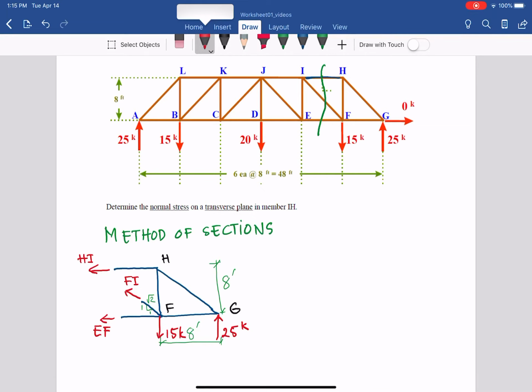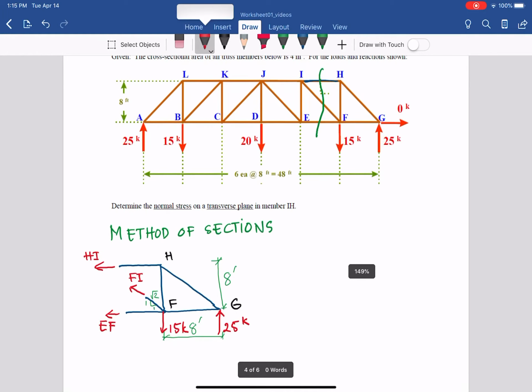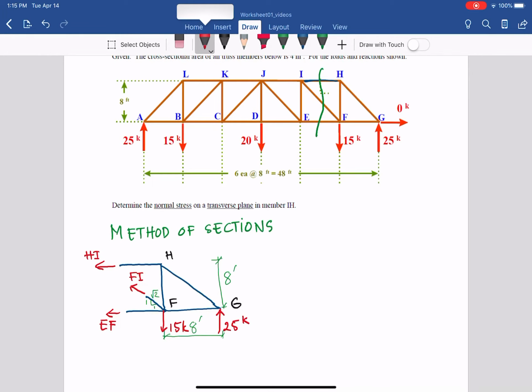The question only asks for the normal force in IH, so you just take moment about F, so that the two unknowns IF and EF go through that point and generate no moment. Take moment about F, assuming counterclockwise is positive: we have HI, the member of interest, times 8 feet.